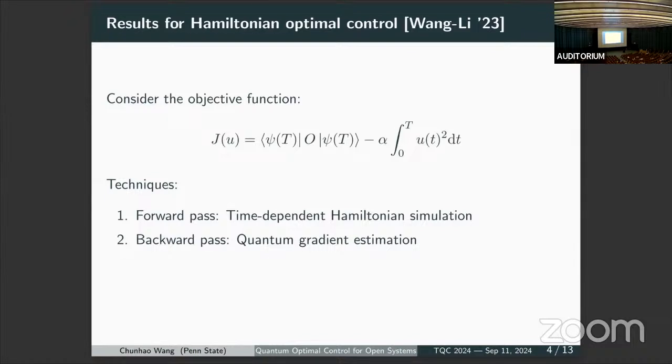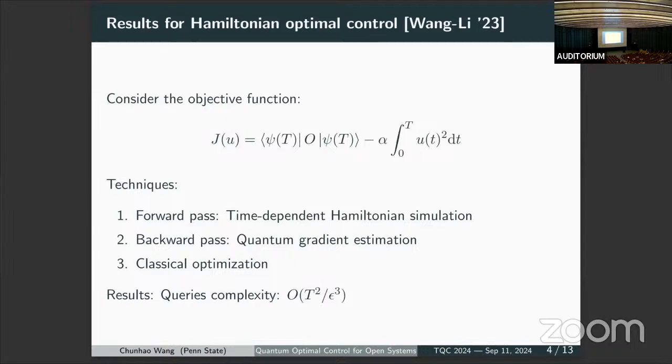Once you have the gradient, you can do gradient-based classical optimization, which will optimize this objective function by iterations. This part is classical. This is the optimal control for closed systems, and the previous results show that this can be done with query complexity t squared over epsilon cubed.